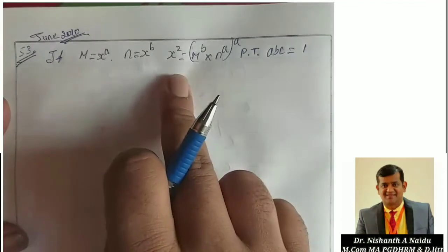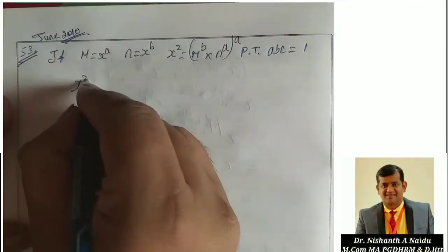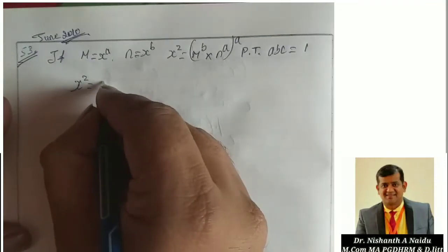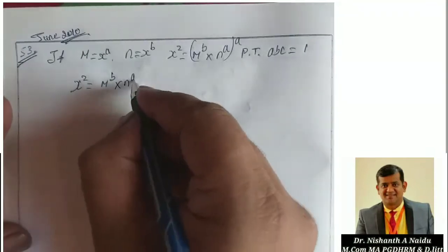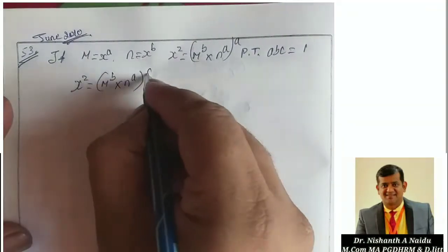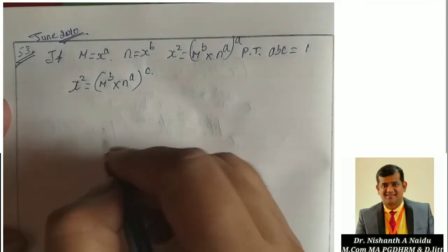So here you have to understand x square, that is x to the power of 2 equals m to the power of b into n to the power of a, whole power c. This is what he has given.